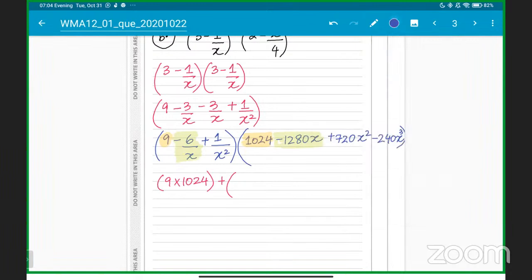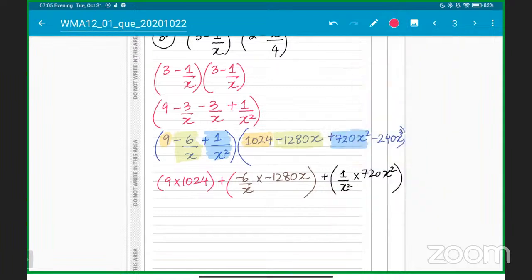So it will be minus 6 over x into negative 1280x. The next thing: the last one, the 1 over x square will multiply with this one. So we cancel out the x square, and eventually we get the constant term independent of x. So 1 over x square multiplied by 720x square.